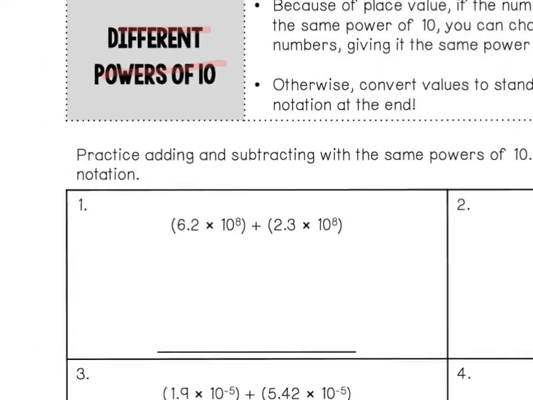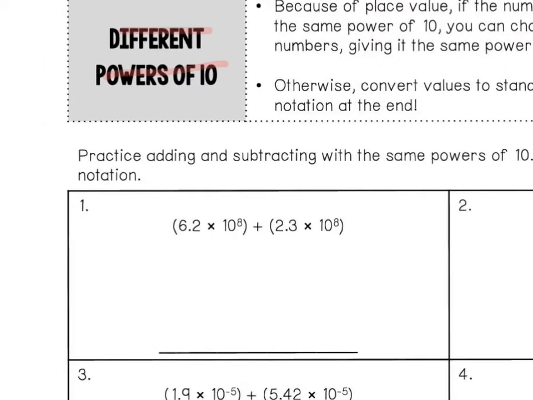So when they have the same power, all you have to do is add the number out front. We have 6.2 times 10 to the 8th plus 2.3 times 10 to the 8th. These are the same, so we simply add the numbers out front: 6.2 plus 2.3.